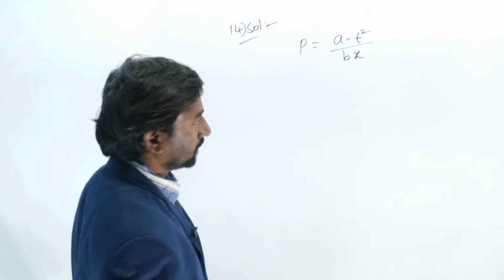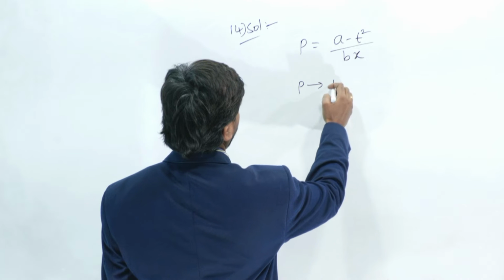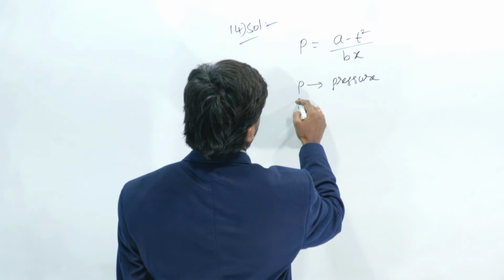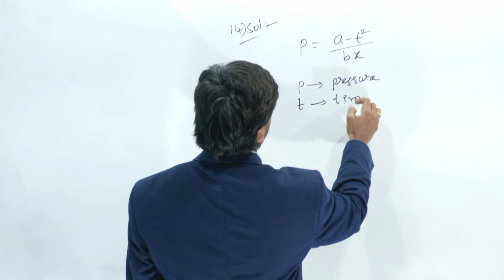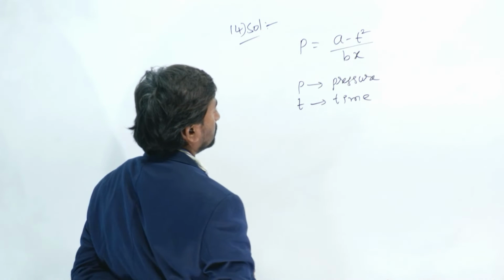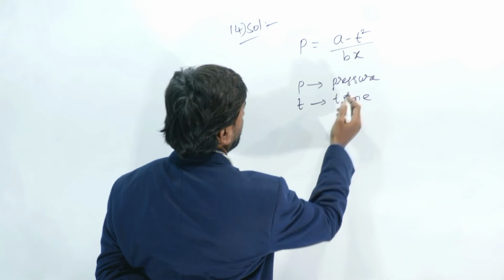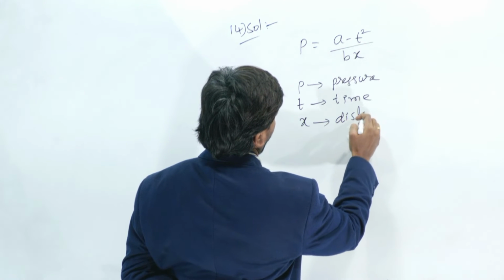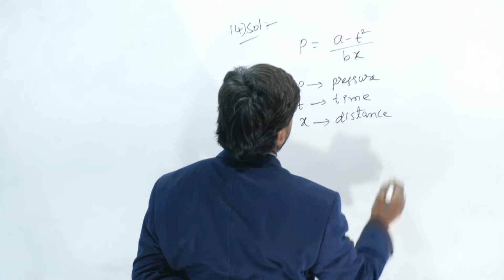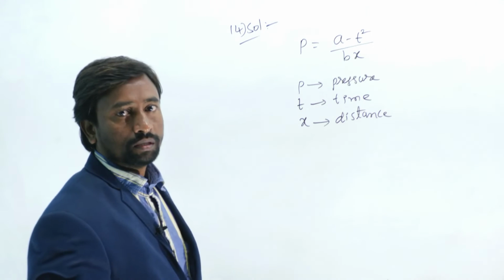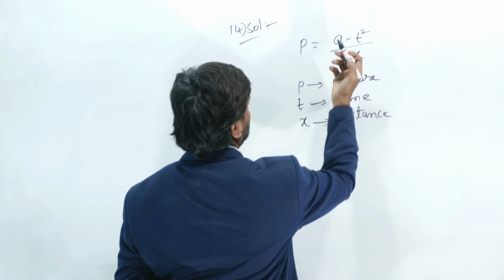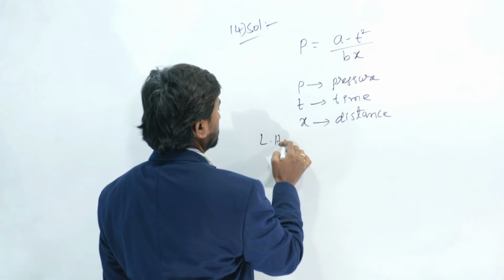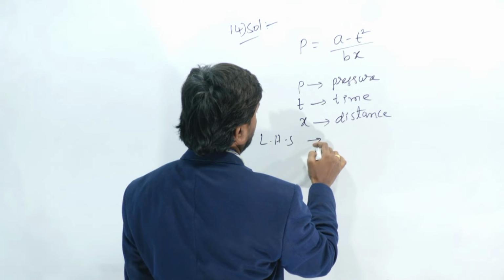Here they said P is the pressure, T is the time, and X is the distance. According to the principle of homogeneity, what should A be? On the LHS we have P, which is a pressure.